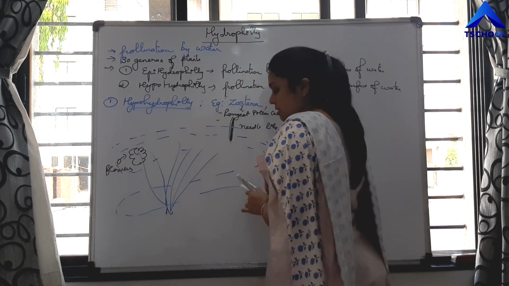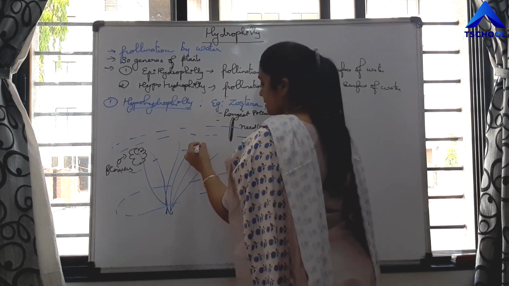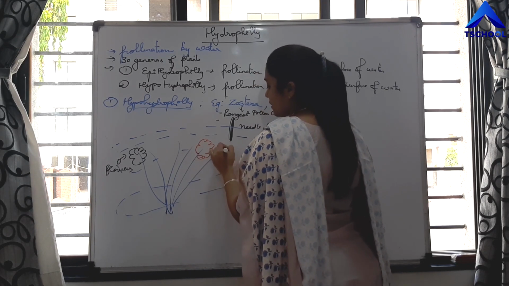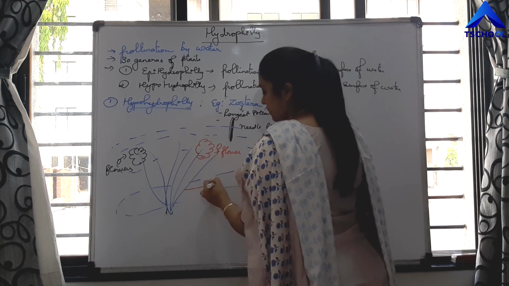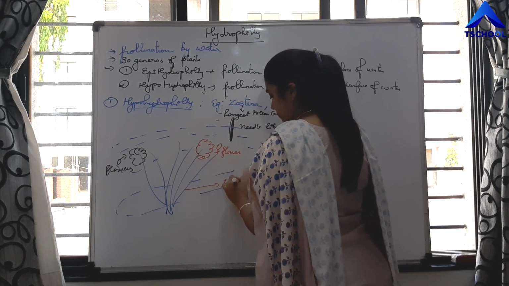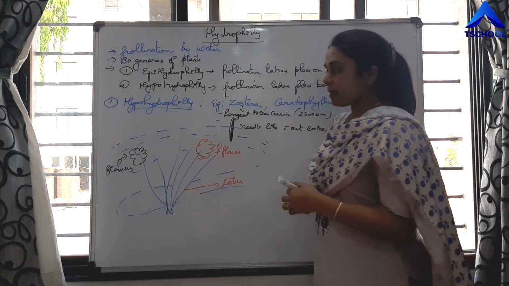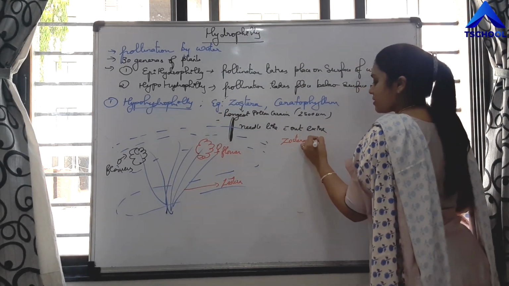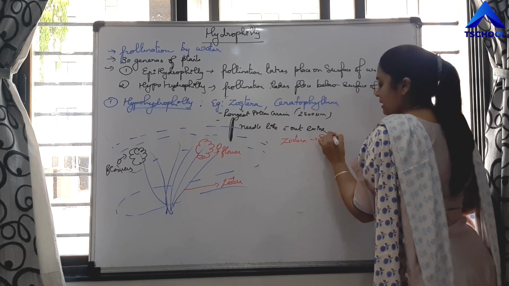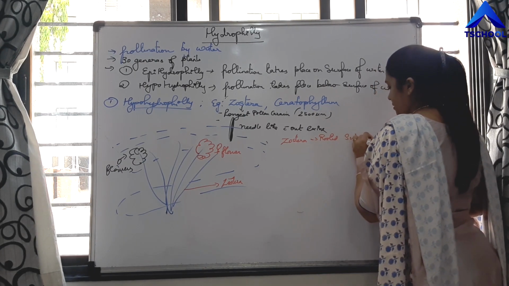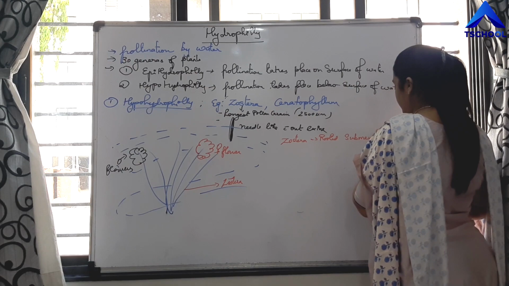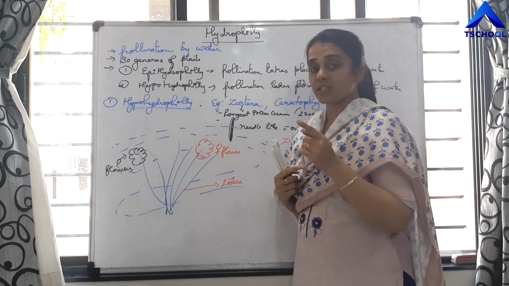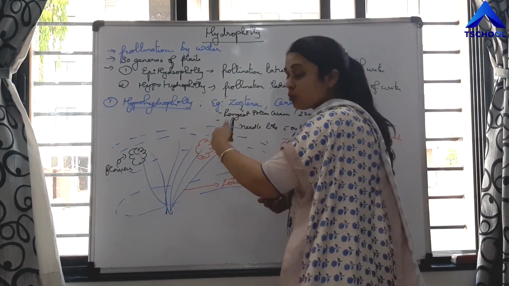And here is the cluster of female flowers. So this is the Zostera plant, a rooted submerged plant.